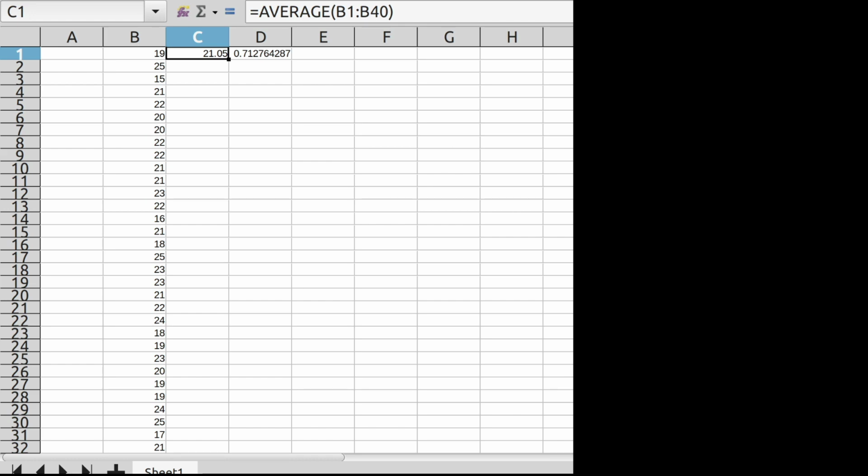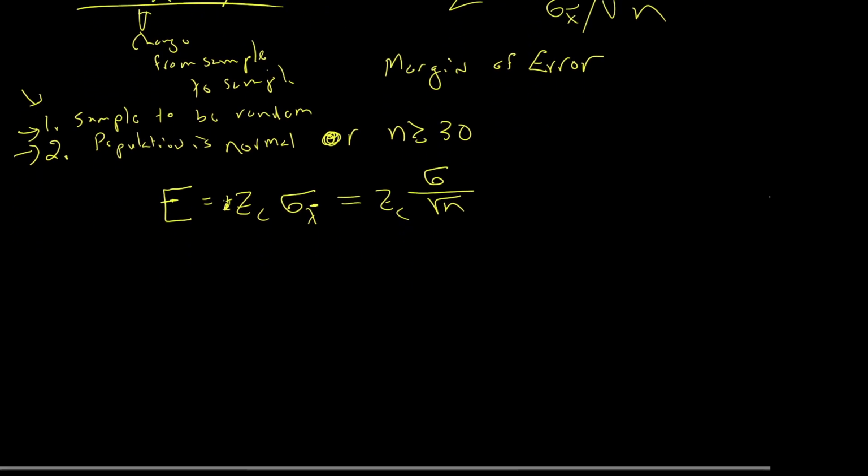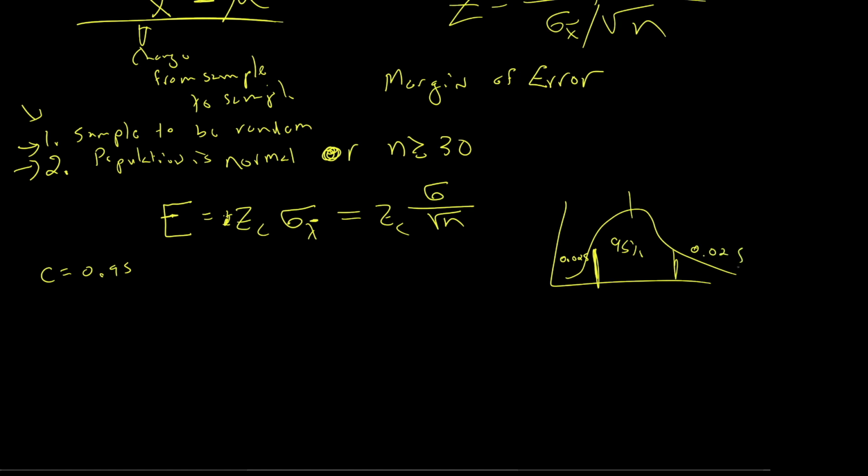So let me come back here. With that data from the slide there, I want a C equals 0.95. Well, that means if I look at my normal curve, I want 95% in here. That means 0.025 is here and 0.025 is there, right?